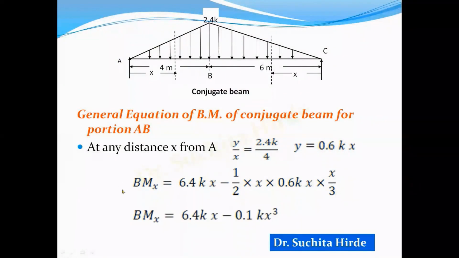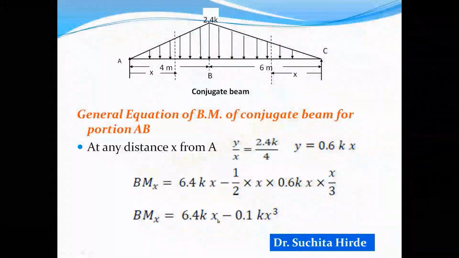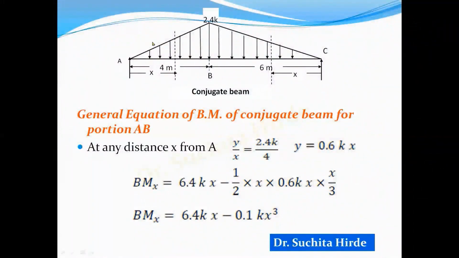We can simplify this equation. After simplification, we will get this equation. So substitute the value of x, what will you get? You will get the bending moment in the conjugate beam. Now bending moment in the conjugate beam is nothing but deflection in the original beam.